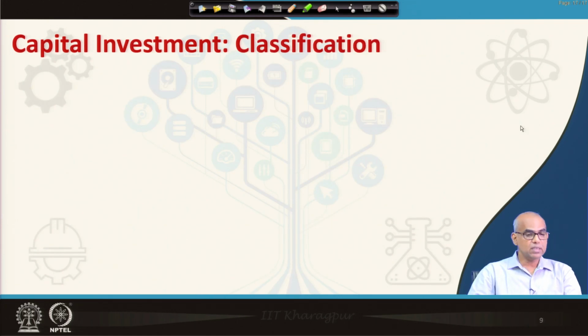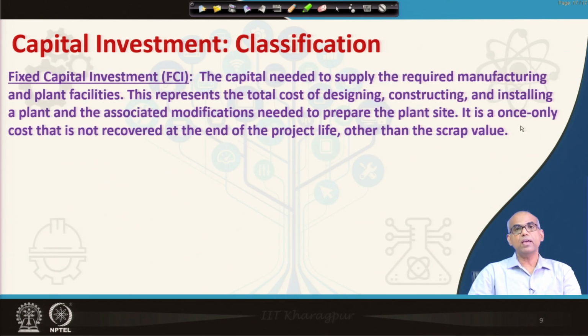Now, let us classify the capital investment. We classify it as fixed capital investment and working capital. The sum of the fixed capital investment and working capital is known as total capital investment. The fixed capital investment is defined as follows.